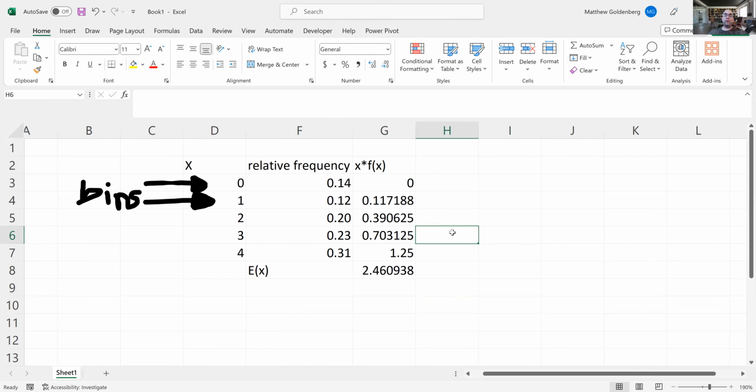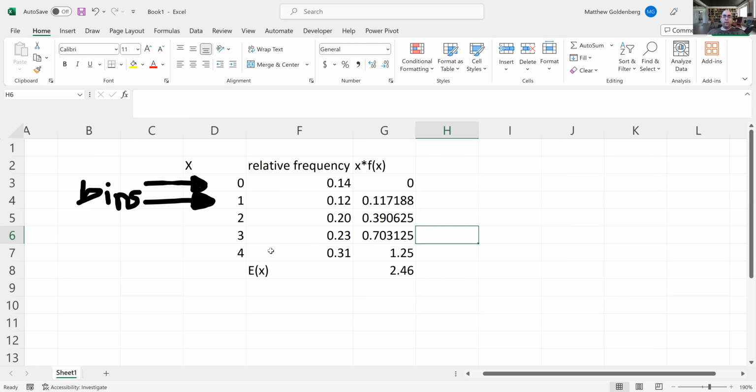We get 2.460938, or rounded to 2.46. Now, I have said that this is exactly the same math as an average. So you're just calculating the average value.